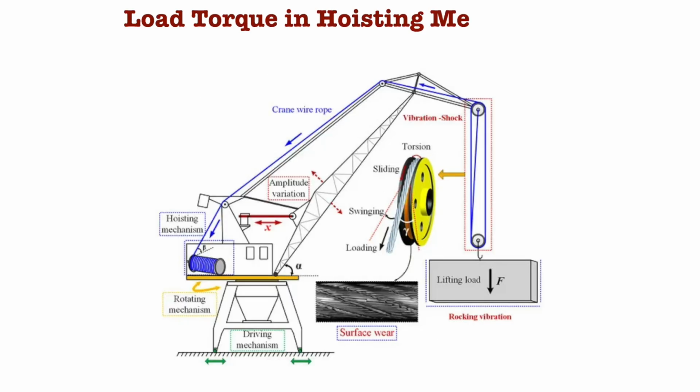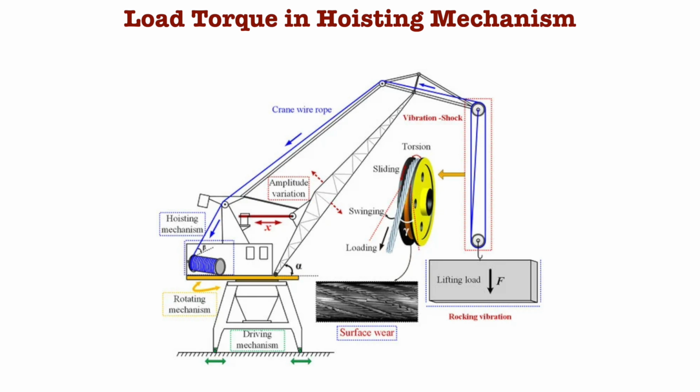The load torque of the hoisting mechanism may be taken to be constant, that is, it is independent of speed. Forces due to friction and windage are negligible in case of a low speed hoist, and the torque is primarily due to the gravitational pull on the cage. This torque, being an active load torque, does not change its sign even when the direction of rotation of the driving motor is reversed.